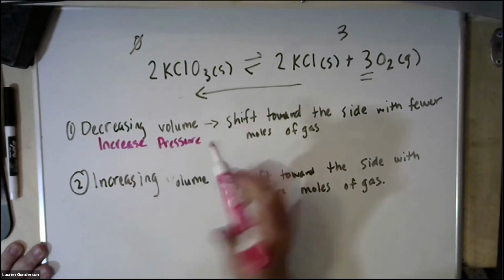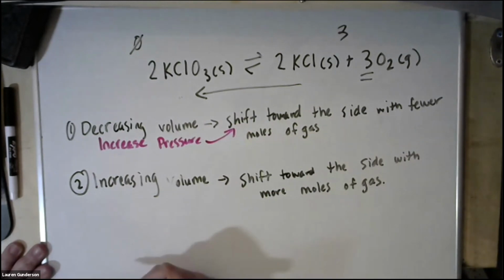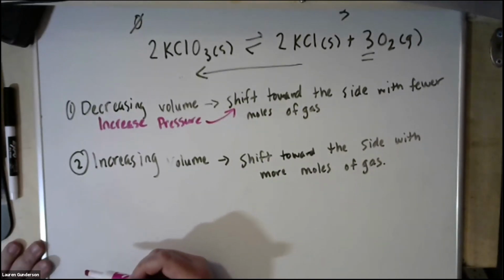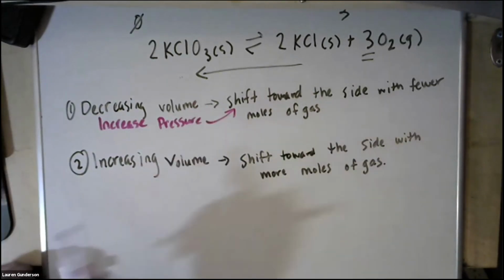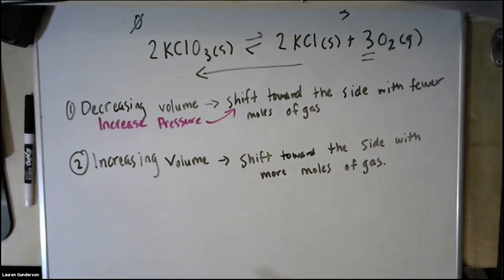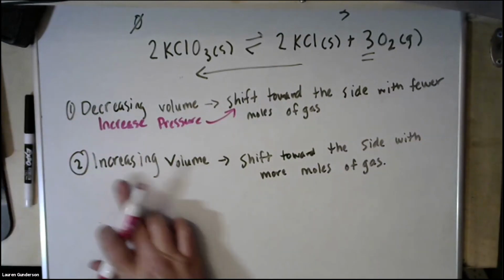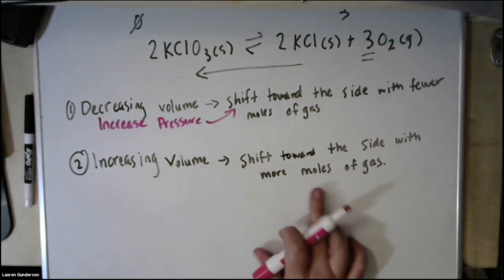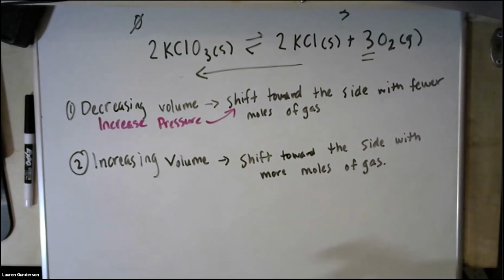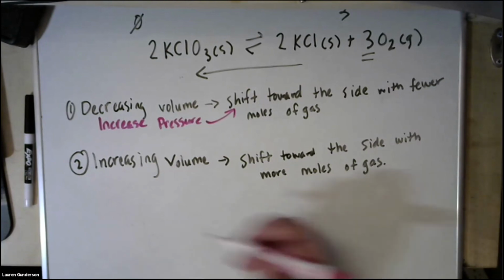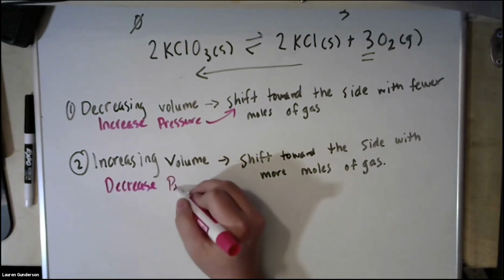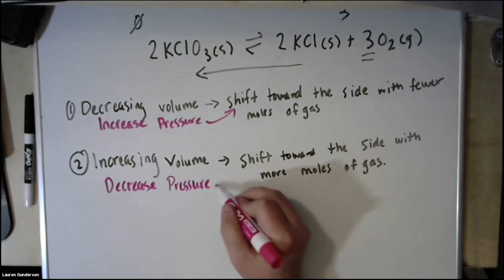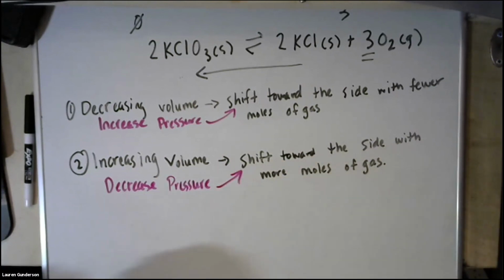If we were to increase the pressure, our reaction would also shift toward the side with fewer moles of gas. In that same thought process, if we were to increase the volume and cause this shift towards more moles of gas, that's the same result that we would get if we were to decrease the pressure. So keep that in mind.